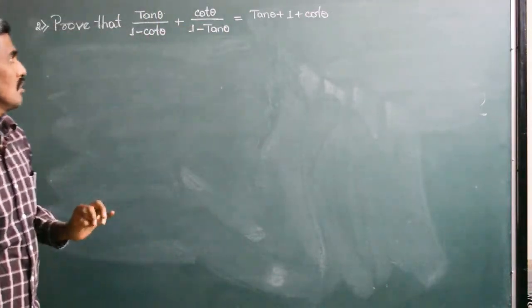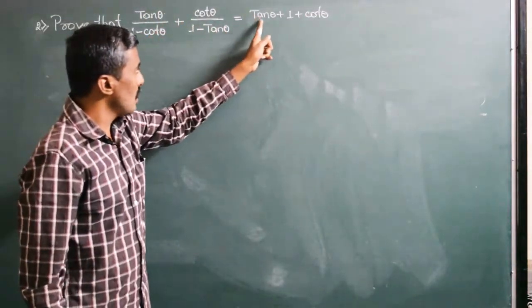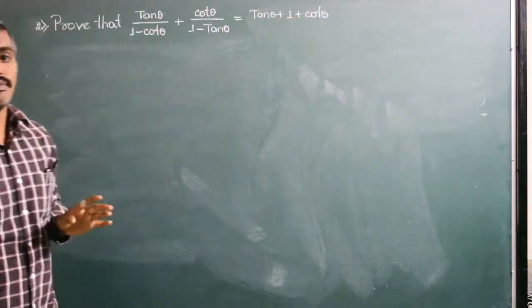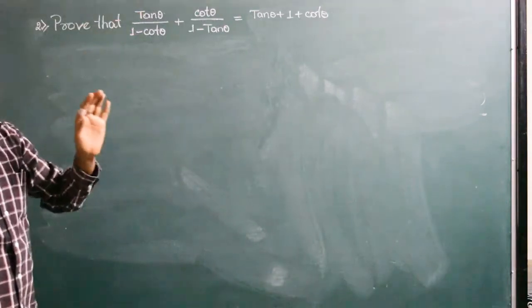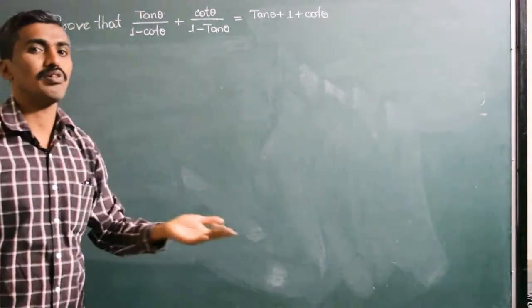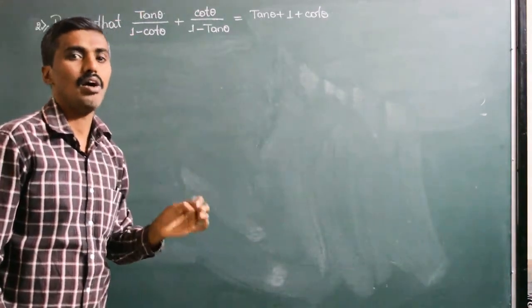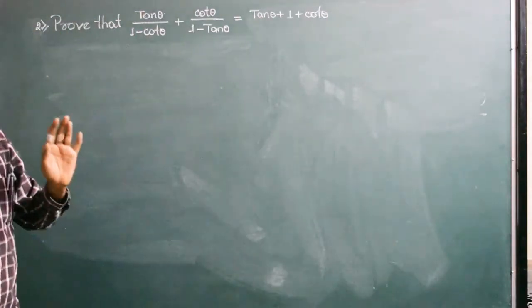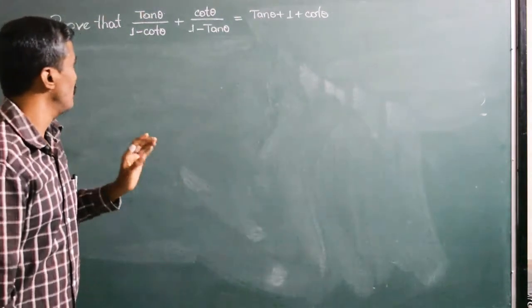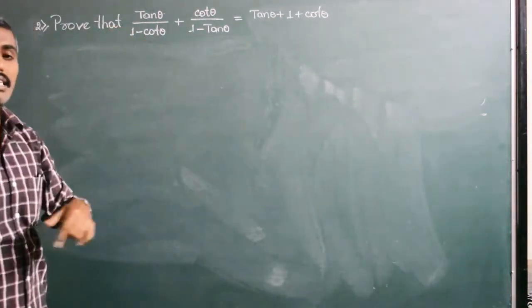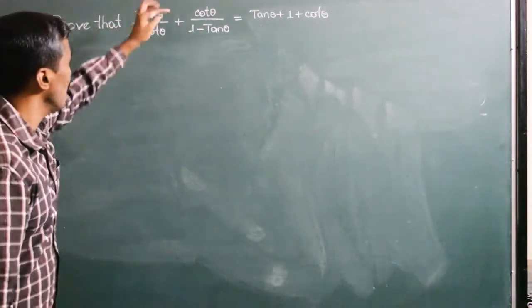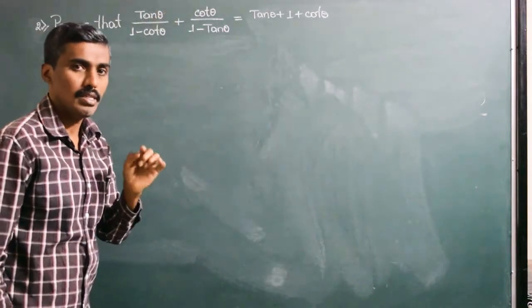Dear students, to get tan theta and cot theta, express either tan or cot into its reciprocal form, either tan or cot. It is your convenience. In the left hand side, I will express cot theta as 1 by tan theta. Here also cot theta as 1 by tan theta.